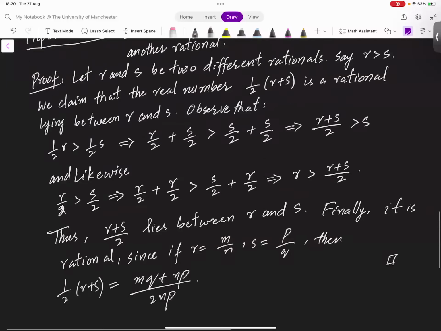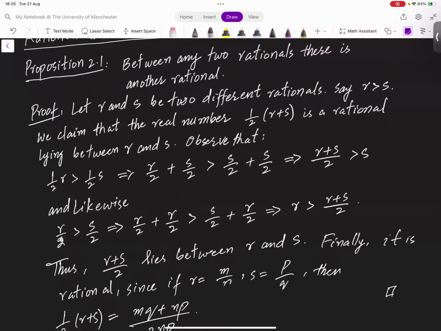So this proof shows there is a rational number between two rational numbers.